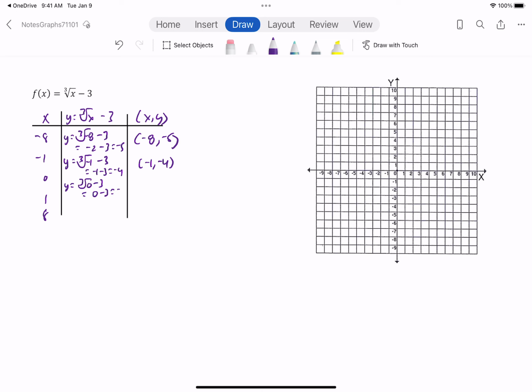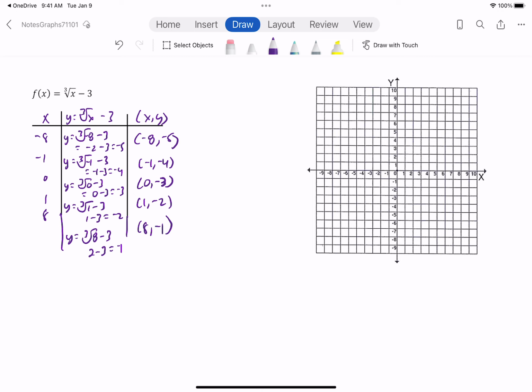Zero minus 3 is negative 3. One minus 3 is negative 2. And then last, if we put in 8, we get 2 minus 3 is negative 1.